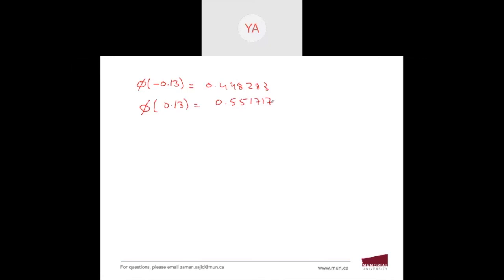So for example, if you are using only the positive table to find out the negative, it will be phi of negative 0.13, which is 1 minus the phi value at 0.13, and that turns out to be 0.448283, the same value as for the negative.